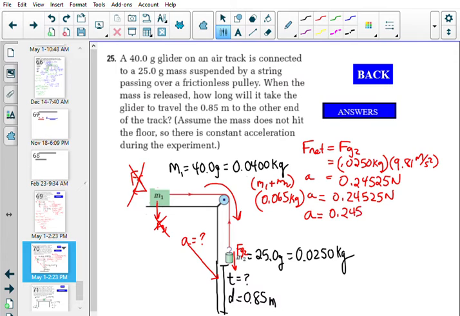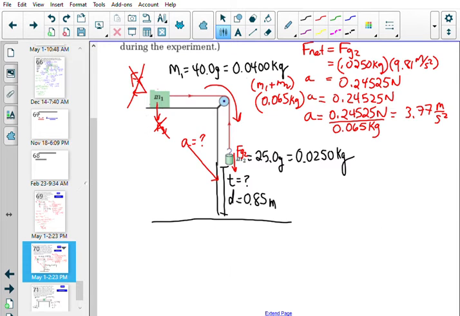So 0.24525 newtons divided by 0.065 kilograms, and that acceleration is going to be 3.77 meters per second squared. Now that we know the acceleration, we can turn this into a question that we used to know here to get distance. So it started with a vi of 0.